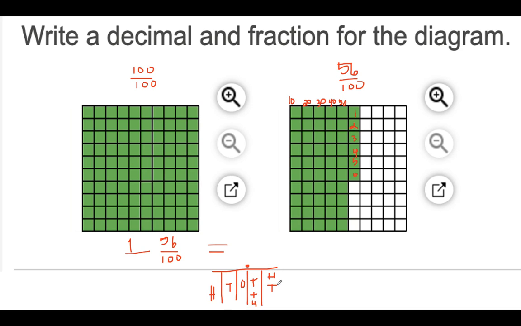Hundredths. Okay. So now I know I have one whole, so I'm going to put my 1 in the ones place, and then I have 56. So my 1 and 56 hundredths is represented as 1. The decimal point means and, then 56 hundredths because it ends in the hundredths column.